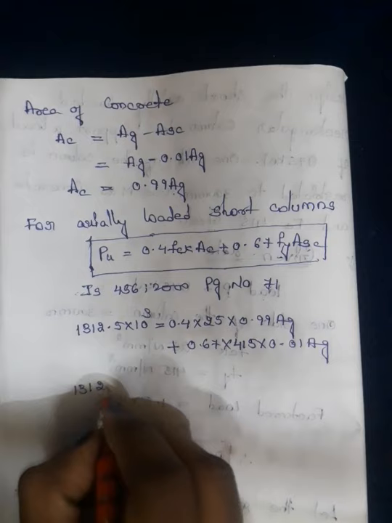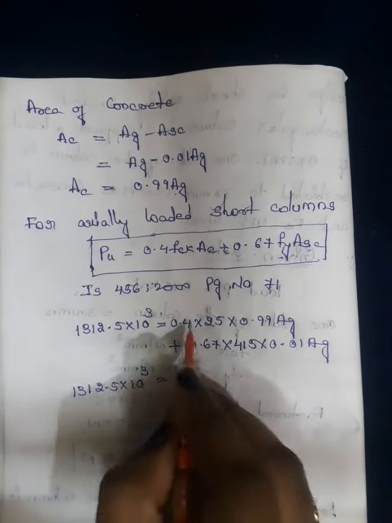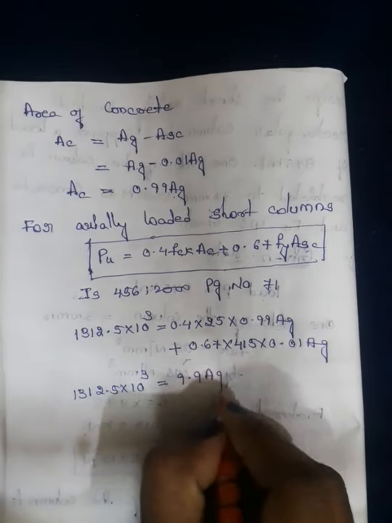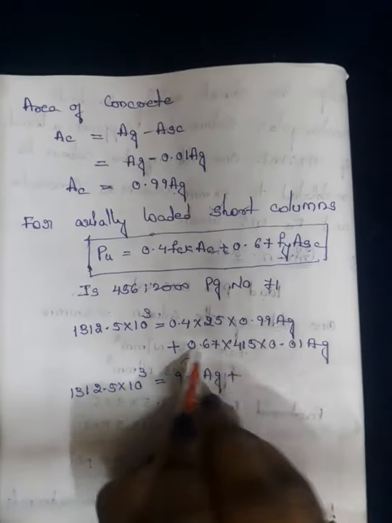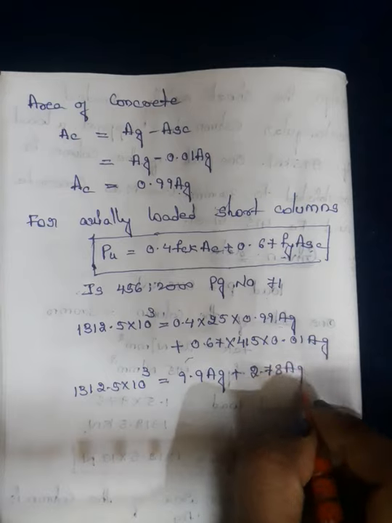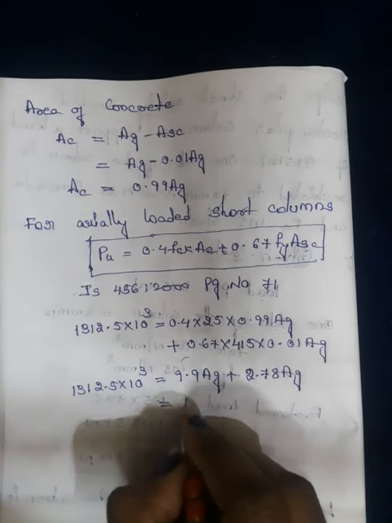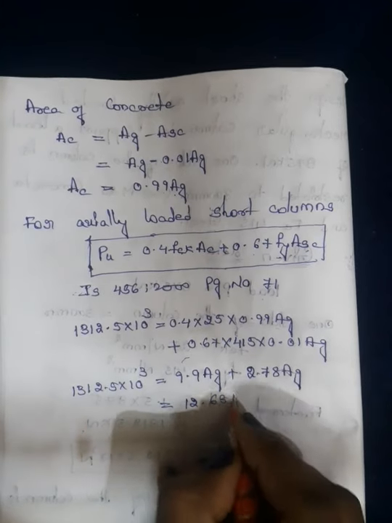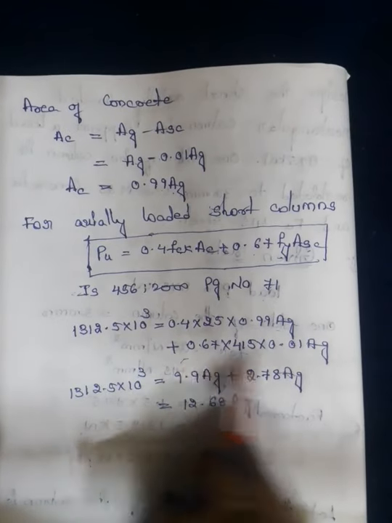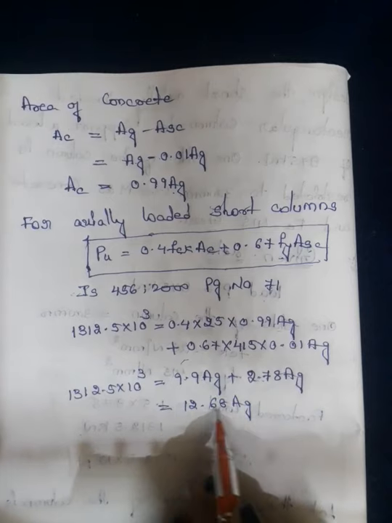So 1312.5 into 10 cube, which is equal to, if we calculate this, 9.9 AG plus 2.78 AG, which is equal to 12.68 AG. So if we substitute these values, 9.9 AG, and this one is 2.78 AG, the sum of these two is 12.68 AG.